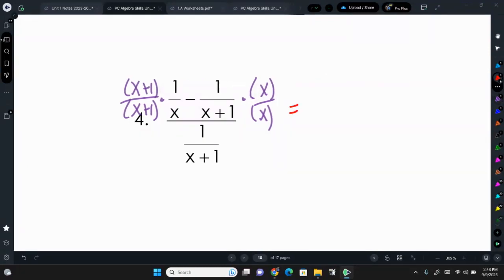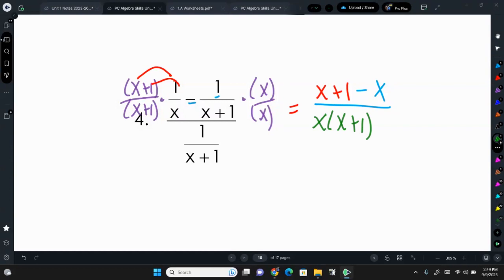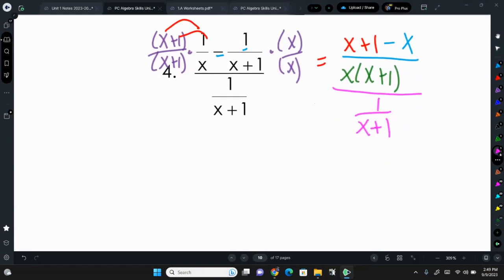So then our numerator is going to be, when we distribute this, x plus 1, and then minus 1 times x, so minus x, over our common denominator of x times x plus 1. And like I said, the denominator of our big fraction only has one fraction, so we can just bring that down.